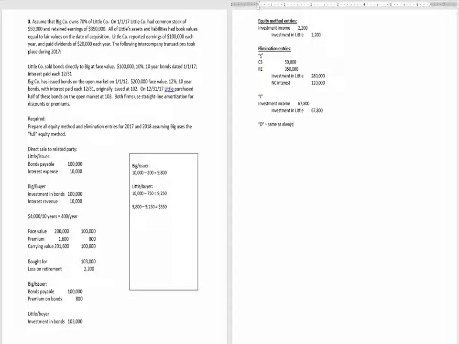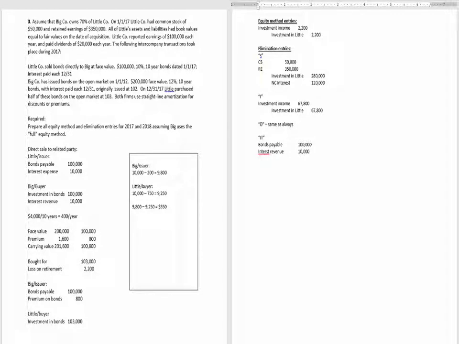We've done that repeatedly. Now we have our intercompany transactions. I think we have two intercompany bond transactions. The issuance directly to the related party is going to be really easy. Basically, we've made up our little shopping list of what accounts there are on the books of the two companies related to this bond issue, and all of those accounts have to be eliminated. So we're going to debit bonds payable for $100,000, and we're going to debit interest revenue for $10,000.